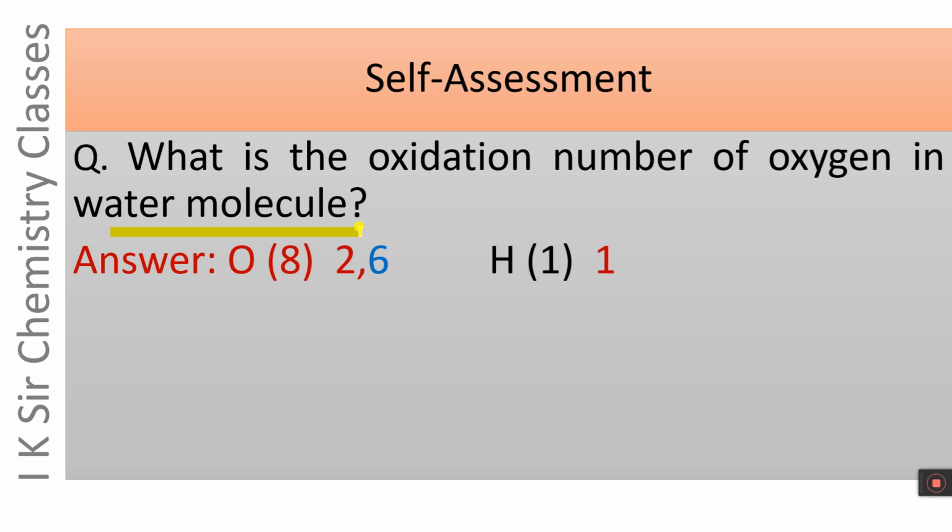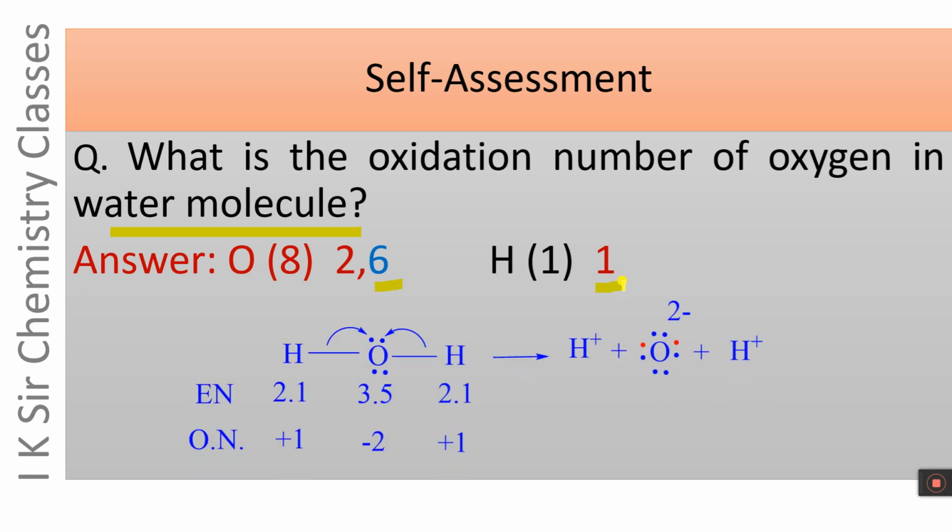Here is the solution of this problem. Oxygen has 6 valence electrons and hydrogen has 1 valence electron. The electronegativity of hydrogen is 2.1 and that of oxygen is 3.5. It means oxygen is more electronegative than hydrogen atom.